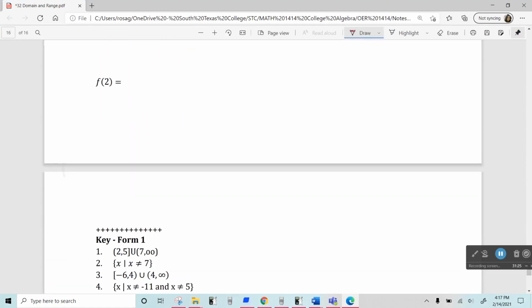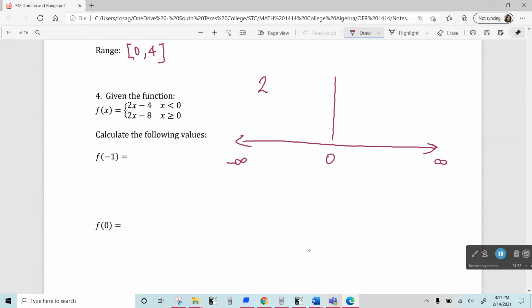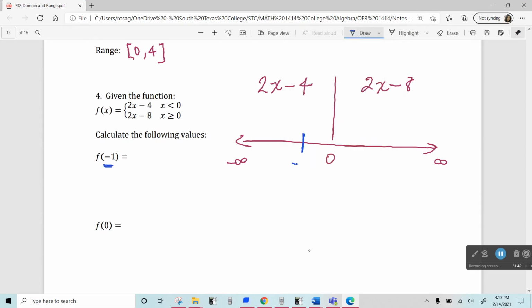And then this one is evaluate. I like evaluating by creating a number line and breaking it up at the number. So anything that falls here is this one, anything that falls here is this one. Like the first one is -1, it's right here, so I'm going to use that. I'm going to replace the x with a 1.